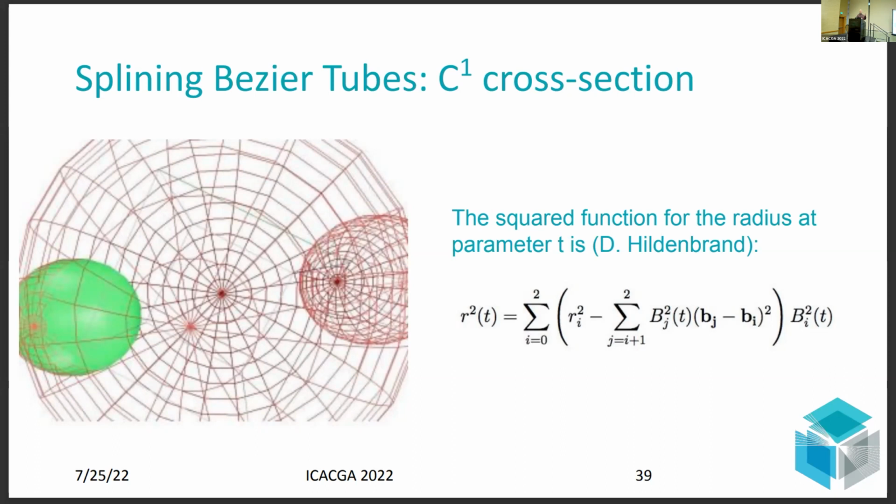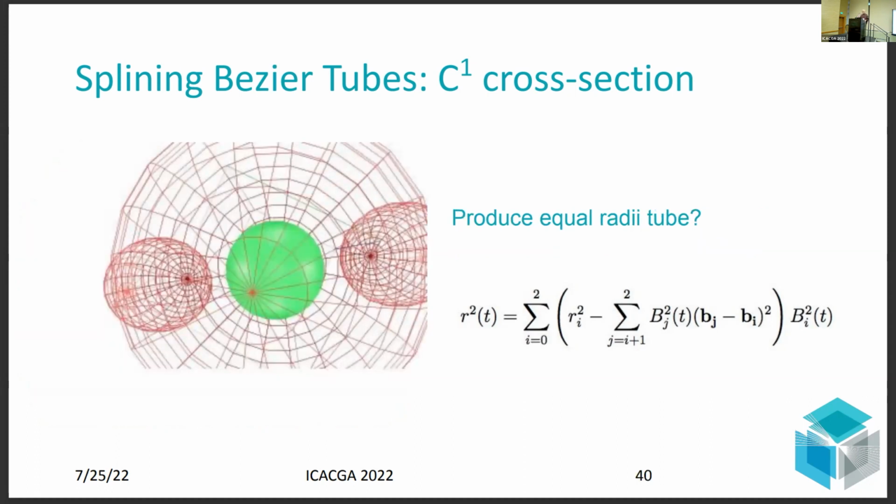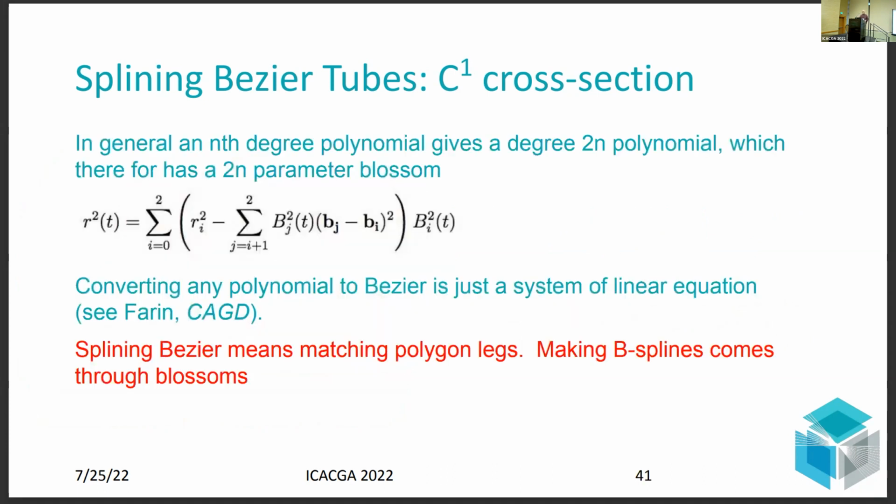If you think of all the places that piping is done, anything from piping in buildings to oil refineries, and they carry a lot of fluids, and having discontinuity of that cross section causes eddies. It's a problem in pipe flow. You want that continuous. So how do you produce equal radii? Dietmar worked that through. We can make a nicer user interface by scaling that one big thing. And I think it's kind of interesting to think about splining Bezier tubes.